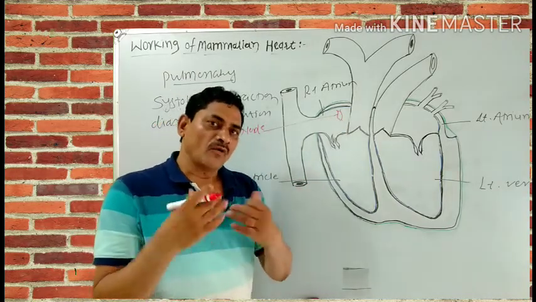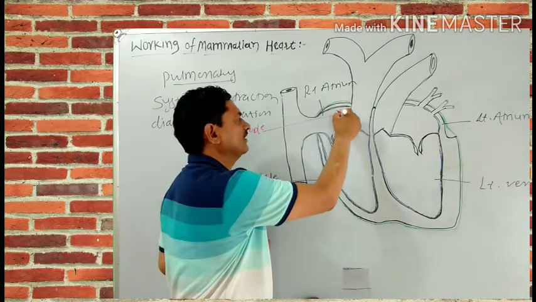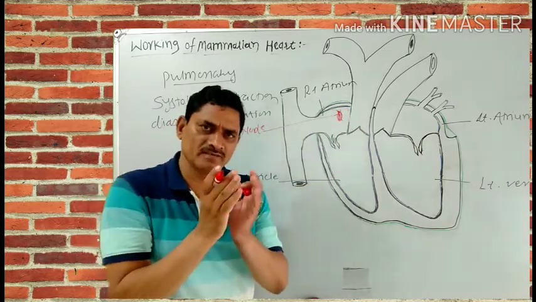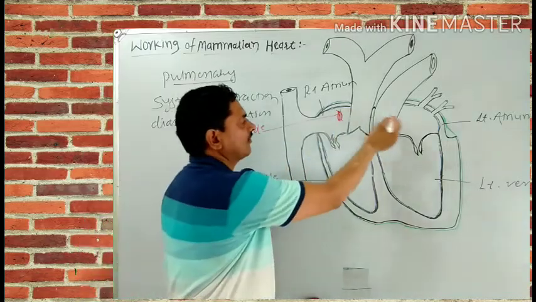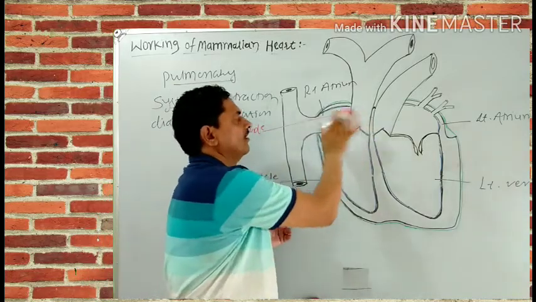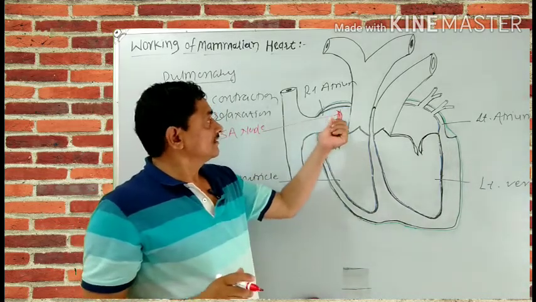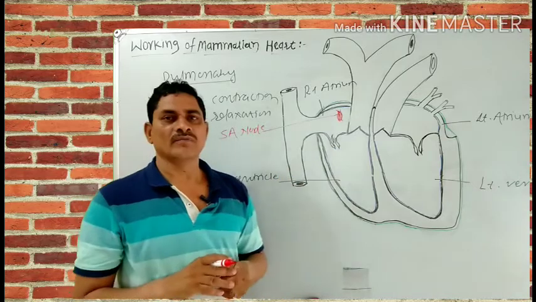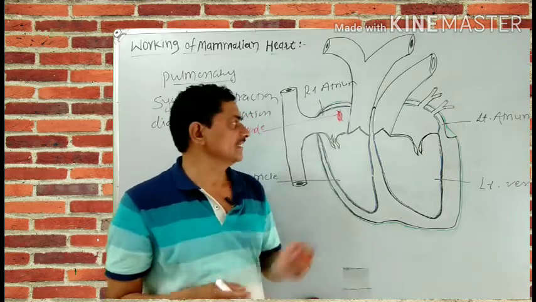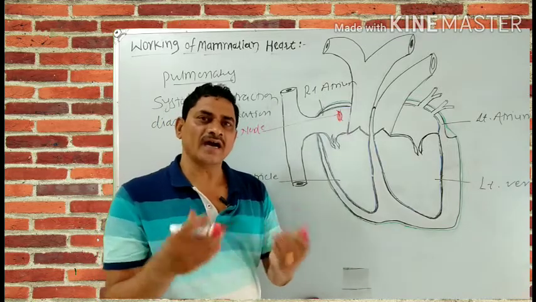The wave of contraction originates from this specialized tissue, the pacemaker, also called the sino-auricular node. A wave of contraction originates and it spreads all over the atria, or the auricles. Therefore, the atria or auricles contract. This sino-auricular node not only initiates the contraction waves, but also regulates the heartbeats.